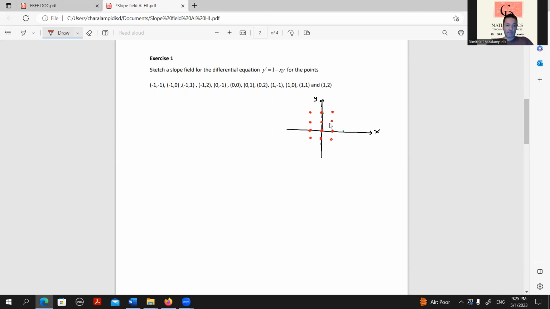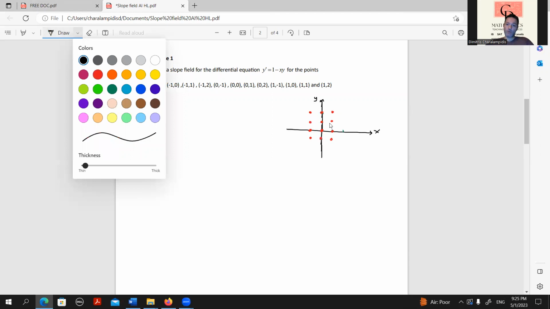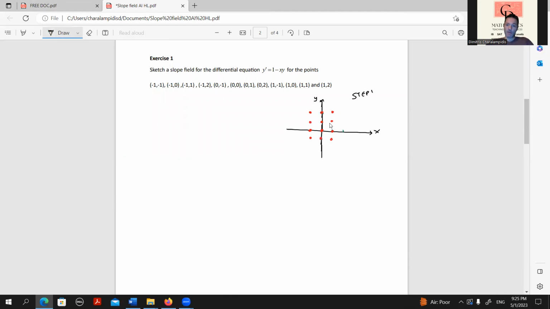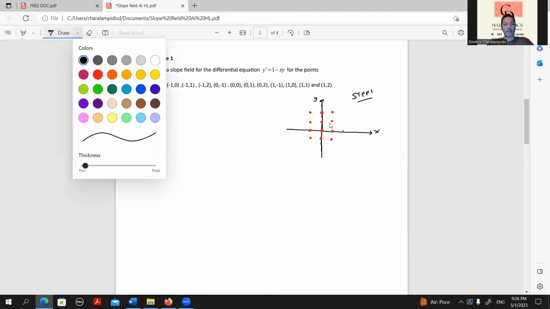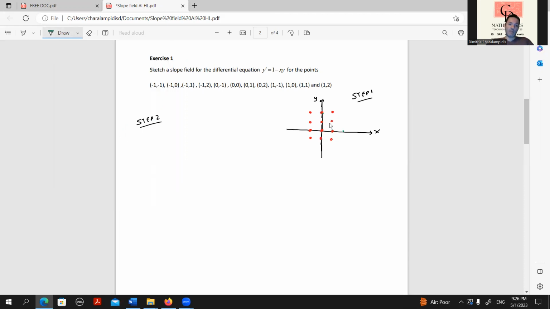The next step, let's call that step number 1, my next step, step number 2, would be to actually calculate y' for each one of them. To do that, it would be really helpful if I were to draw a table of values. We have the values x and y here.